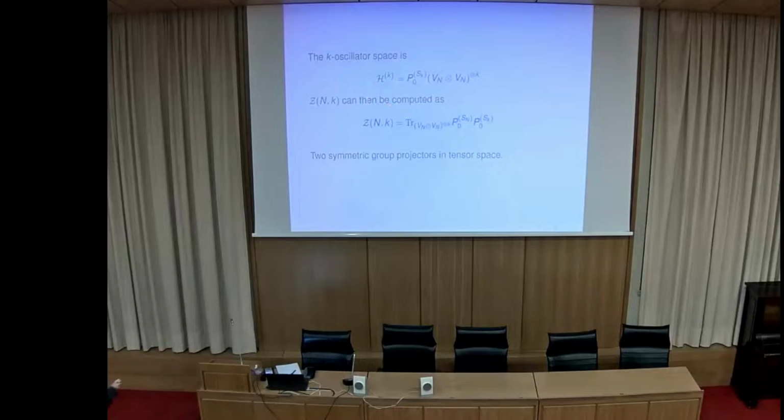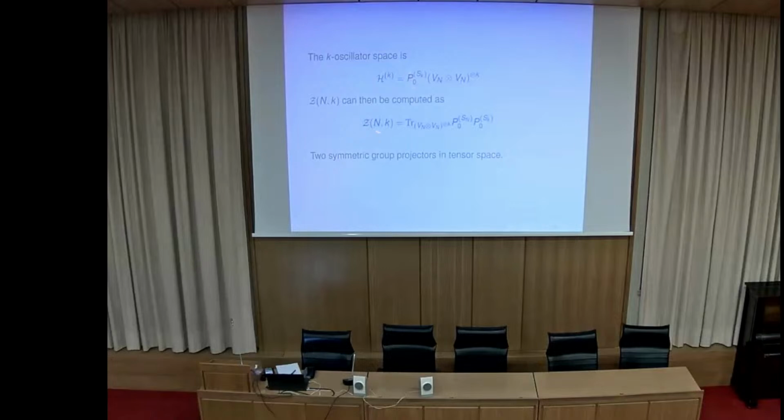Now, what exactly is that Hilbert space of k oscillators? It's actually the symmetrized tensor product of the A dagger ij, which is the natural representation of S_N tensored with itself. You have k copies of that because there are k oscillators, but then there's a symmetrizer because they're bosonic, so there's a projector for that symmetrization in the Hilbert space itself.